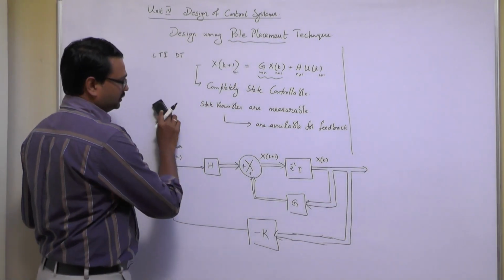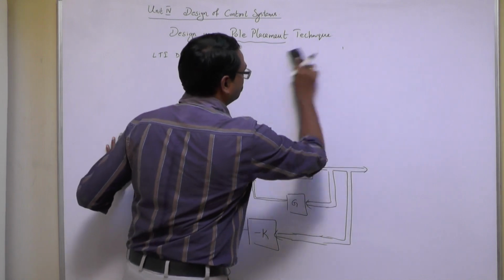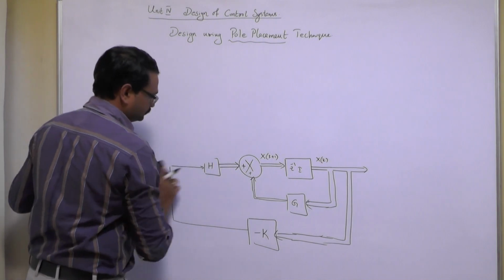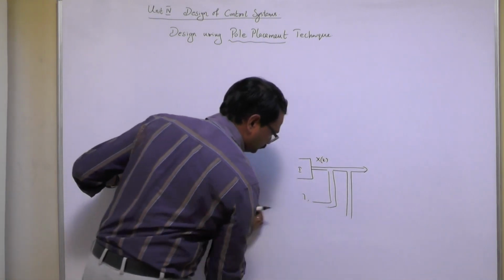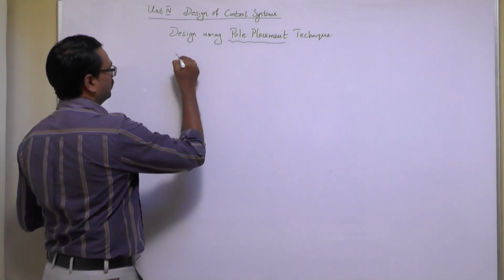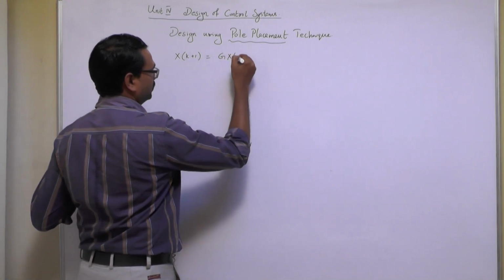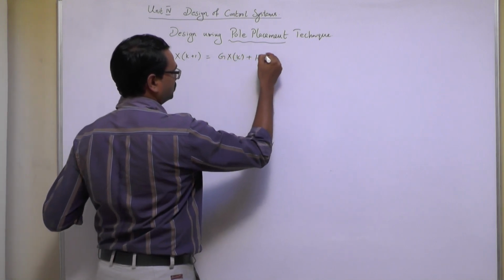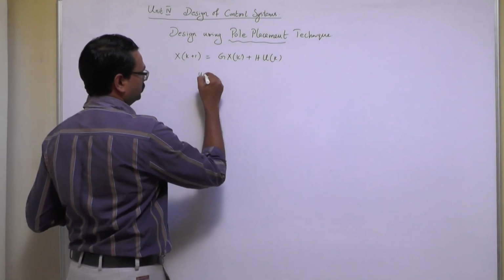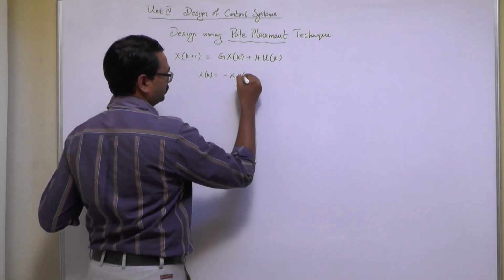So with this in mind, what is x of k plus 1 for us? It is g x of k plus h u of k, and u of k is equal to minus k x of k.